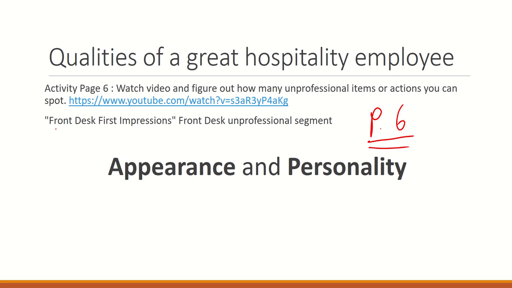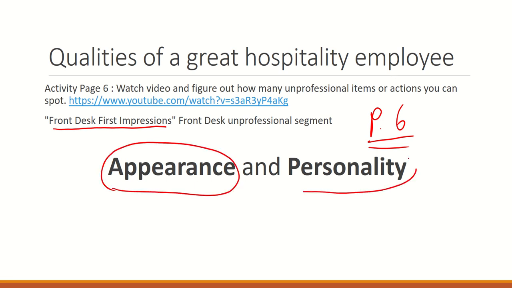The title of this video clip is Front Desk First Impressions. So I would like to make a summary. There are two main keywords. Usually, those qualifications are not only for working in the hotel, but for any career, any kind of job, right?